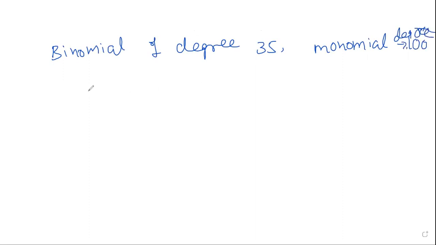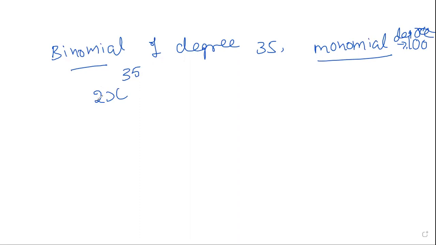Already you know what a binomial is and what a monomial is. Binomial means you have to write two terms, right? For example, I will write a binomial of degree 35. Degree 35 means you have to write 35 as the power.